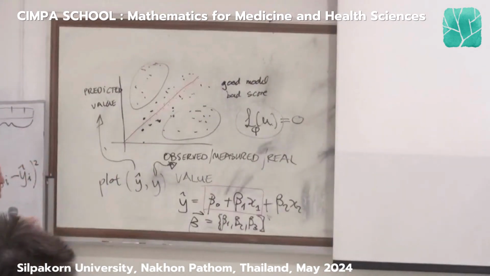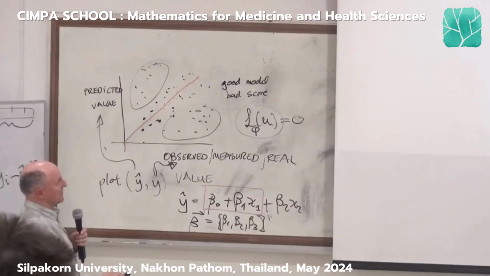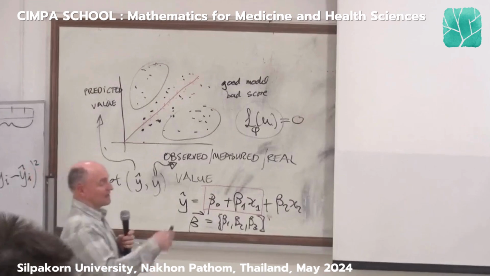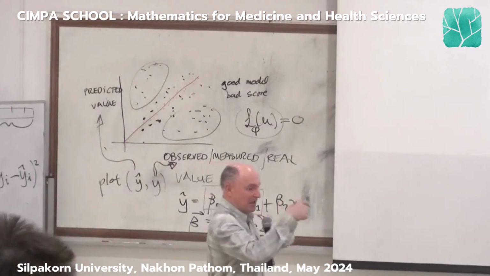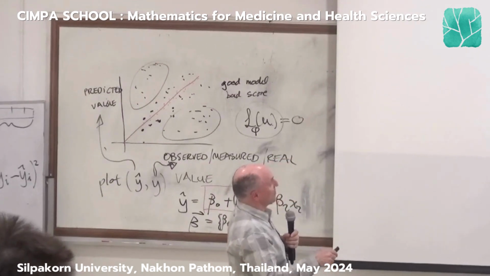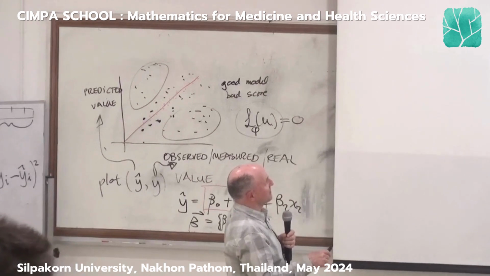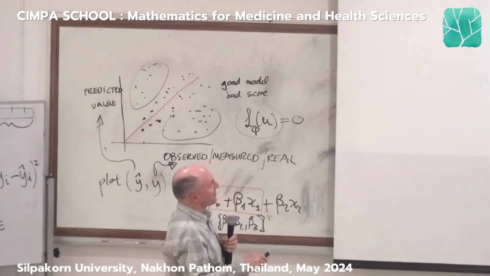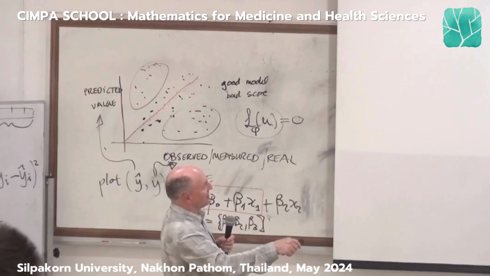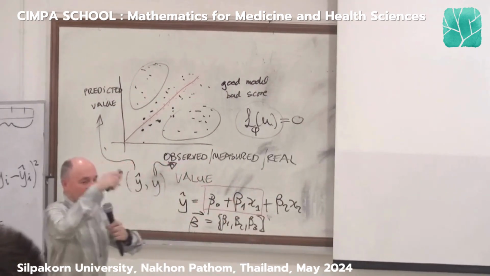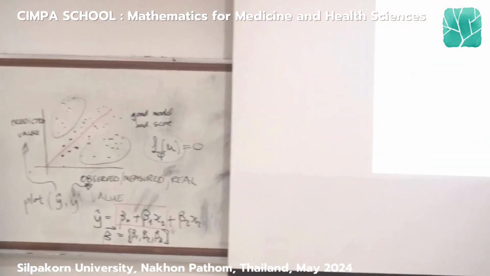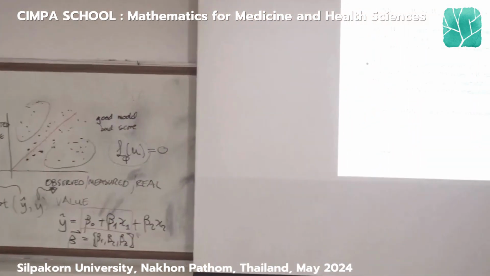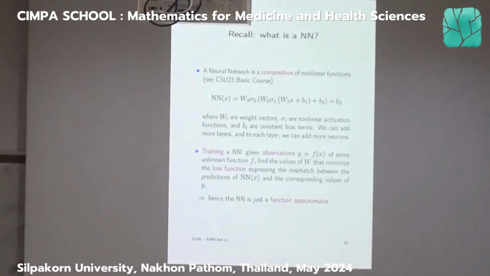It seems very simple, it's very stupid in a way, but in fact, one can prove a lot. Then I apply the function sigma, and sigma is a nonlinear function. So the sigma introduces nonlinearity, and then I do a composition. I take sigma 1 of that, and then I take sigma 2 of everything. And then I can take W4, sigma 3 of all of that, and I can add a B4, etc. So you can iterate this in terms of composition of functions, and in this way you construct an arbitrarily complex function which has certain properties.